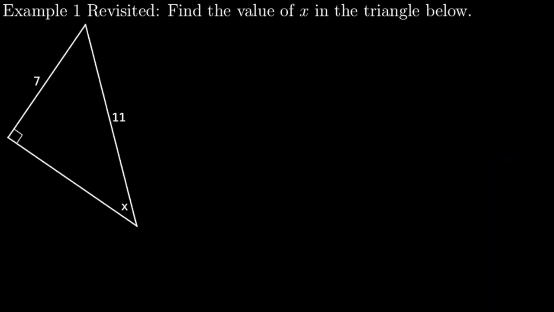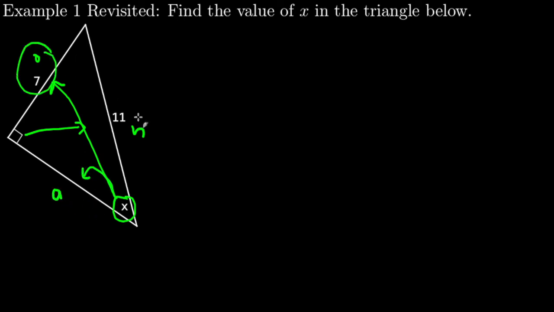Okay, back to examples. So here's that first problem we had, and I'll go through the setup portion of all of these quicker from now on. So across from the right angle is the hypotenuse, across from my given angle is the opposite leg, and next to it is the adjacent leg.